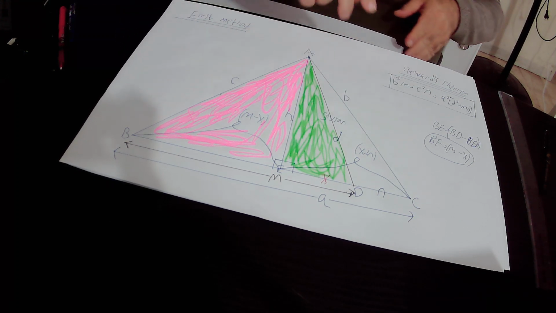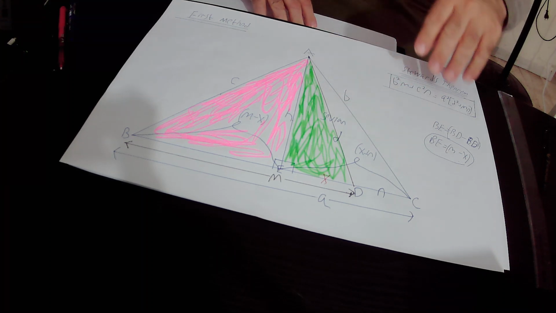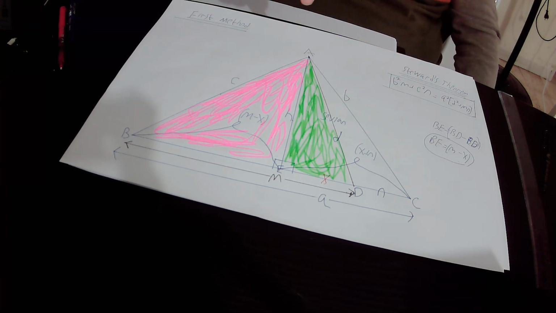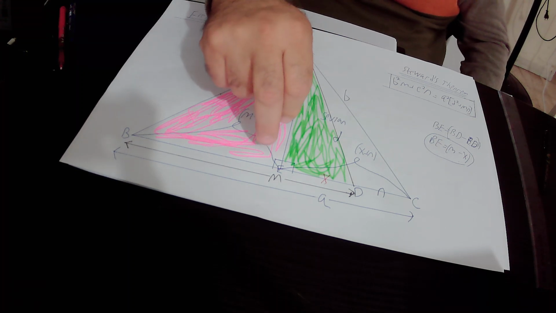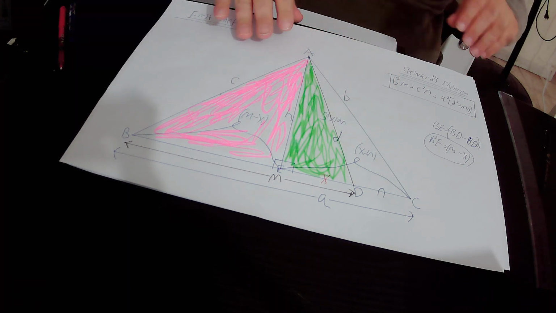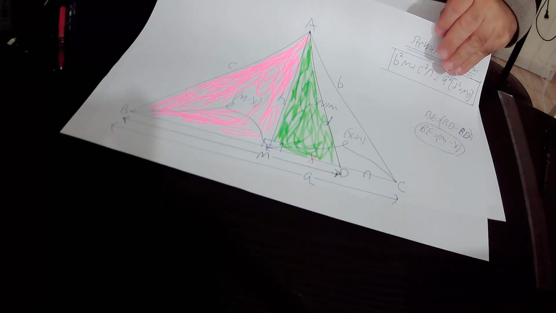Then we implemented the Pythagoras theorem on the green right triangle AED. According to the Pythagoras theorem, AD square equals AE square plus ED square.